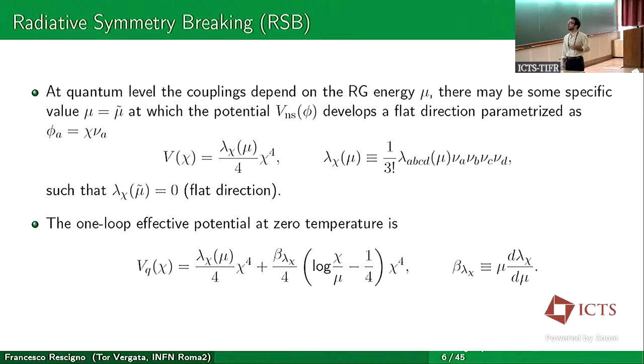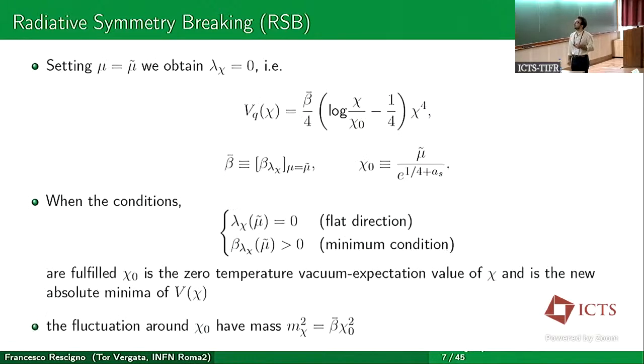The one loop effective potential takes this form, where we define the beta function of the quartic coupling. Setting the scale equal to mu tilde, the quartic coupling vanishes, and we get this nice form for the one loop effective potential at zero temperature. Here beta bar is the value of the beta function of the quartic coupling at the scale mu tilde, and phi_0 is the scale that is introduced by radiative symmetry breaking.